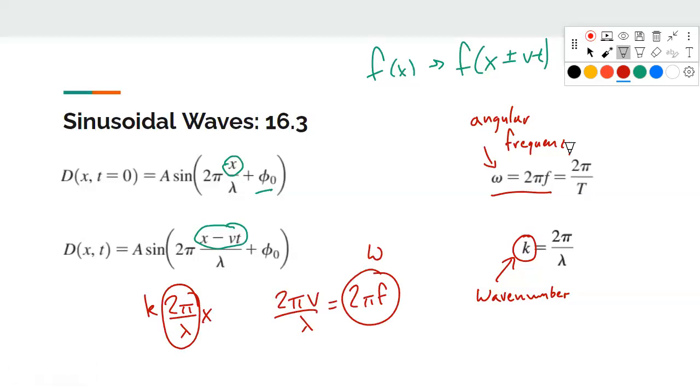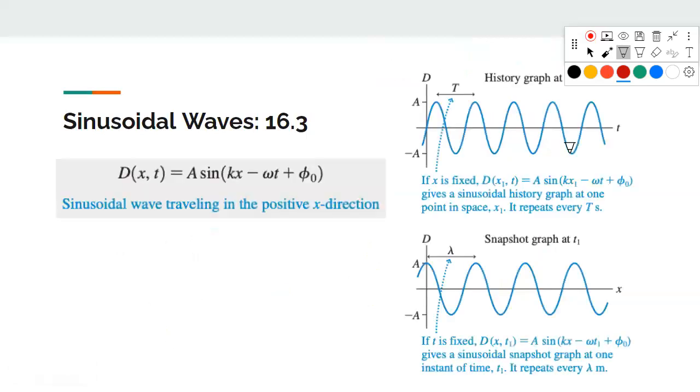So what defining omega and k lets us do is write a much more beautiful formula without any pesky 2 pi's. So this d of x comma t is the formula that you should be using all the time for your sinusoidal waves when you're trying to do homework problems or quiz problems, anything like that.